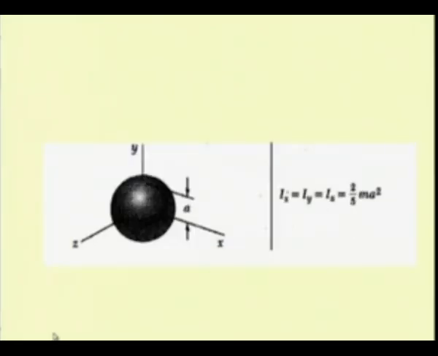The other common interesting element is the sphere, whose, let us say, radius is a. Then we have all the second moments with respect to the principal axes y, z, x, all being equal to 2/5 m a square.